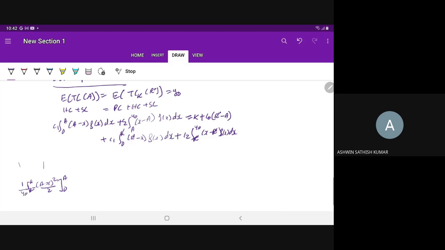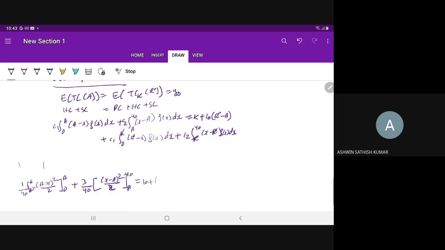So I'm skipping that step directly. Then C2 is 3, and fx is 1 upon 40, so 3 upon 40 integral is (X minus A) whole square upon 2, and the limit is A to 40. Plus K is equal to 10 and C naught is equal to 1.